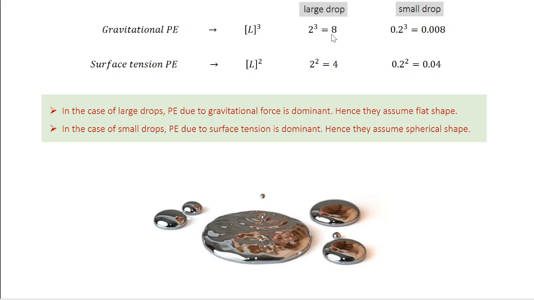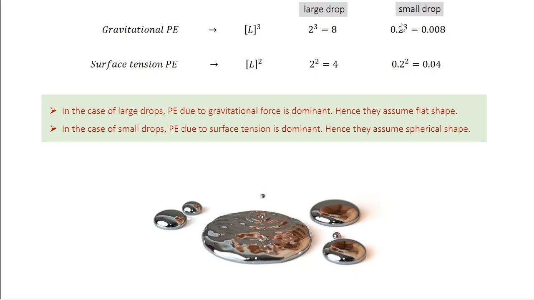So in the case of a large drop, gravitational potential energy is dominant compared to surface tension potential energy. Therefore, in order to minimize the potential energy, the drop is going to assume a flat shape, because gravitational potential energy is dominant, and to reduce it, the drop should have a flatter shape.